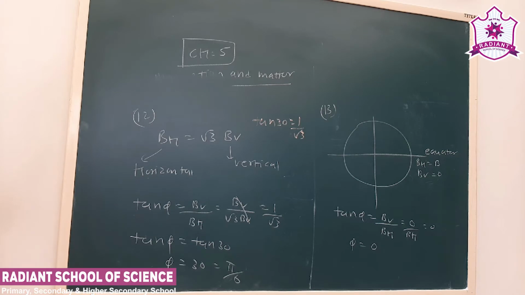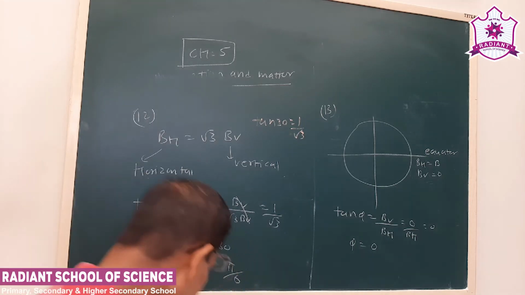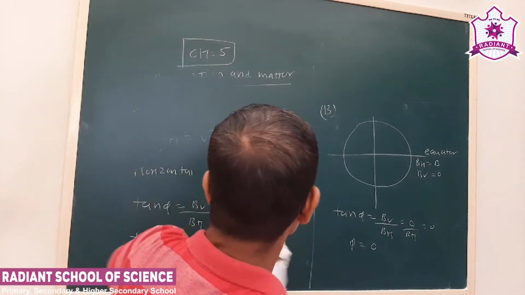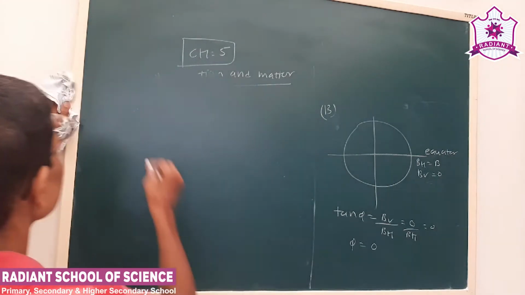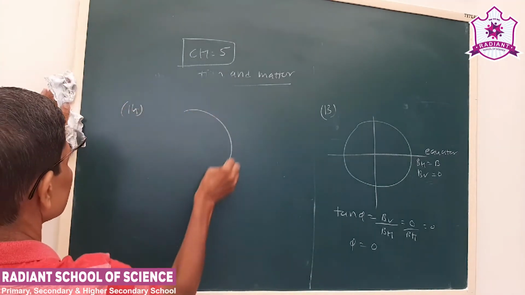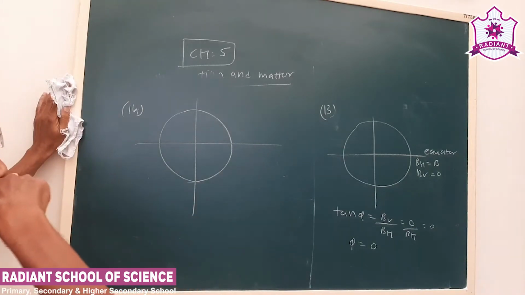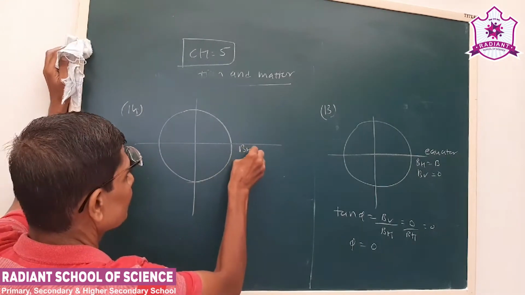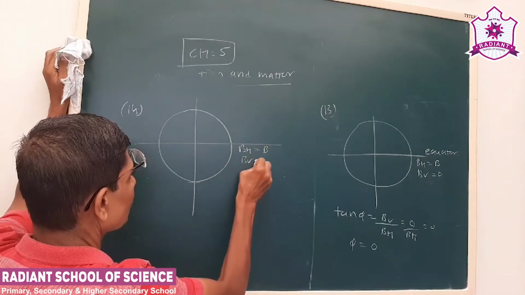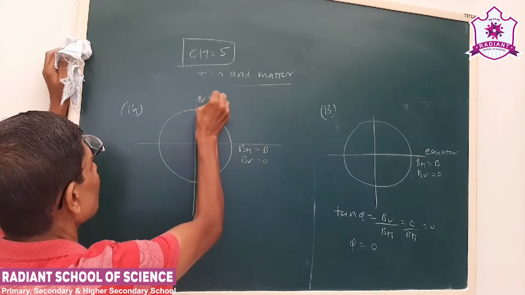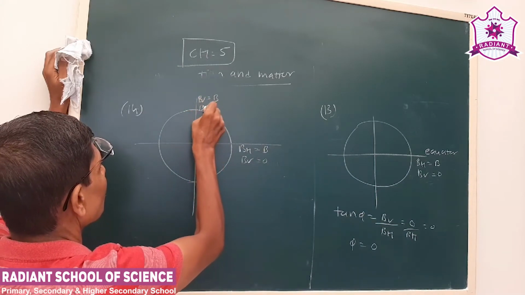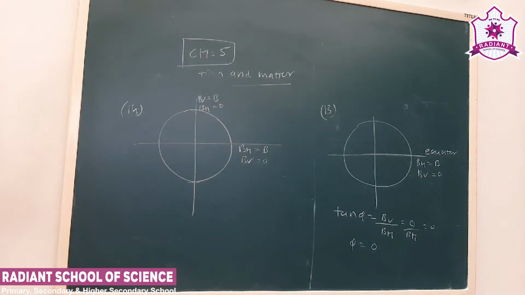Now see the next MCQ, a place where the horizontal component of the Earth's magnetic field is 0. See here, at the equator the vertical component is 0.